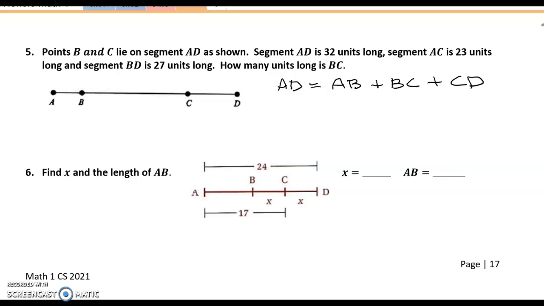So thinking about how we approached a similar problem with yesterday's discussion, we do not have a specific value or expression for AB or CD. So how can we incorporate segment addition or segment subtraction to write an expression for AB and CD?